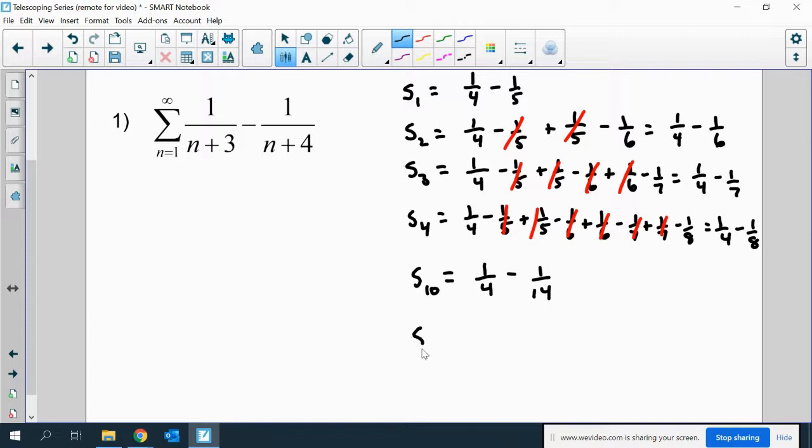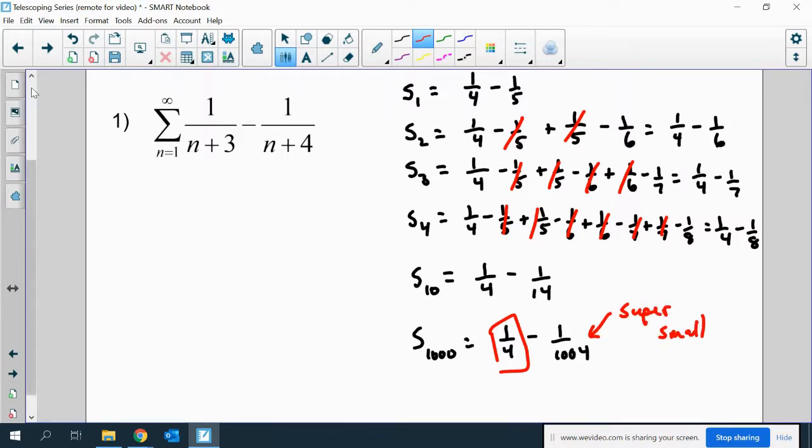So what if I have s sub 1,000? That would be 1/4 minus 1/1,004. What you're noticing is that this 1/4 doesn't change, and this gets super small.